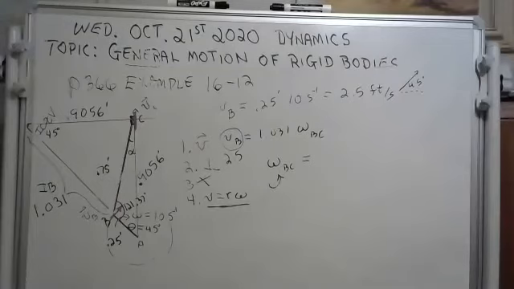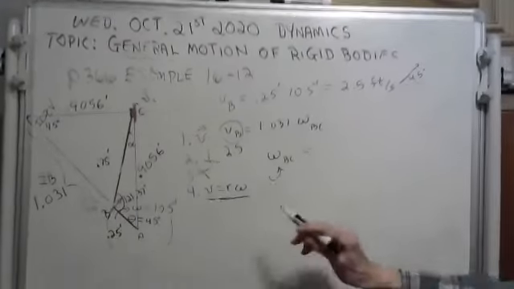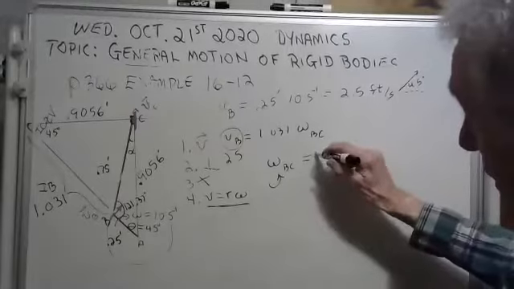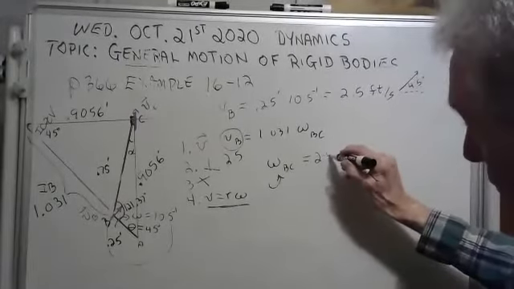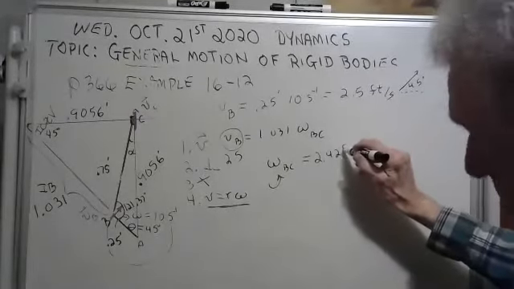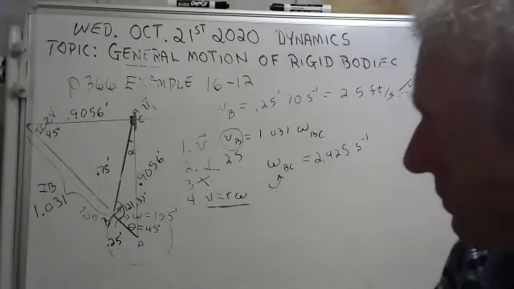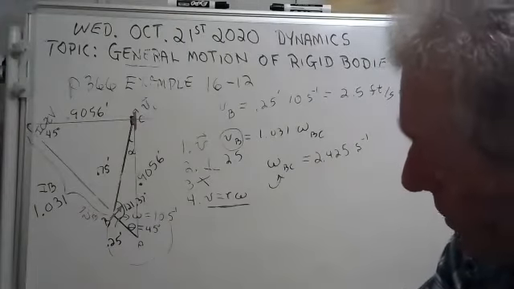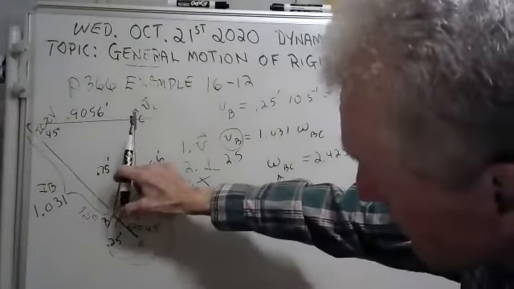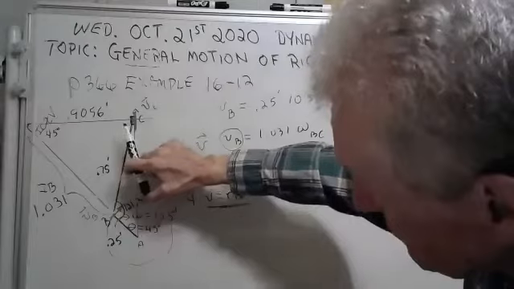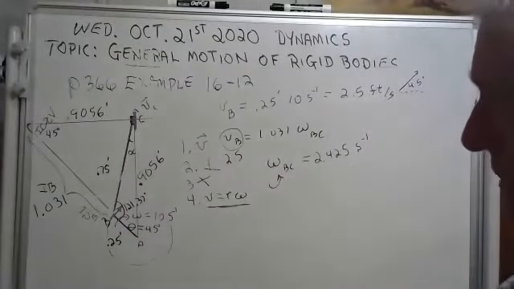Here we go. Well, what I got was 2.425 radians per second counterclockwise at that instant.